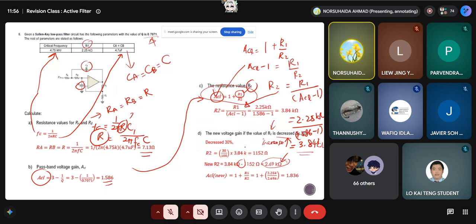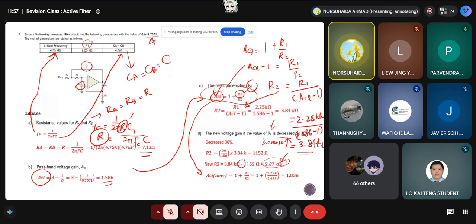Right, so after we get the new value of the R2, then we have to calculate the new gain as well. So our new closed loop gain equal to, we use the same equation here, bring it here. So 1 plus R1 over R2 equal to 1 plus 2.25 kilo ohm. Use the same R1. There is no change for R1.